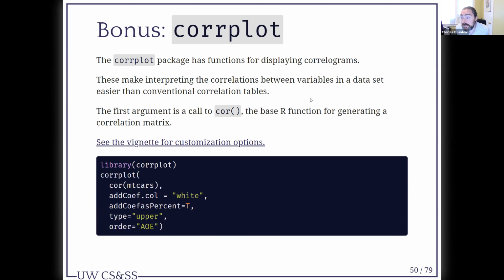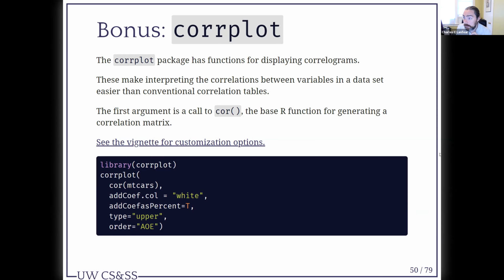It makes it a lot easier to look at a matrix of correlations between variables in a data set than a conventional table. All you have to do with corrplot is load it up and run corrplot on some correlation matrix. In this case, I've run a correlation on all the variables in mtcars. This produces an actual correlation table, but then I've run corrplot on that and added a few options to make it look nice.